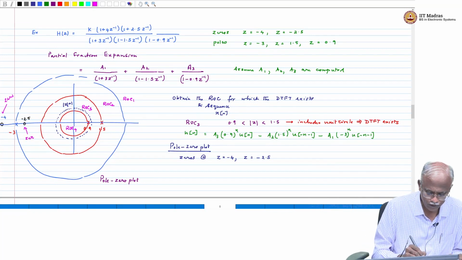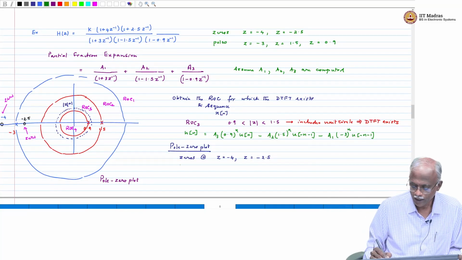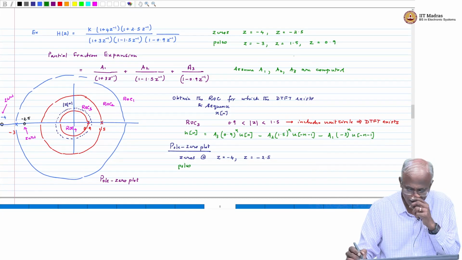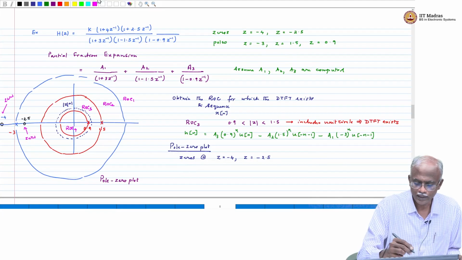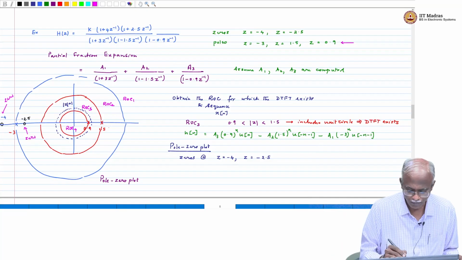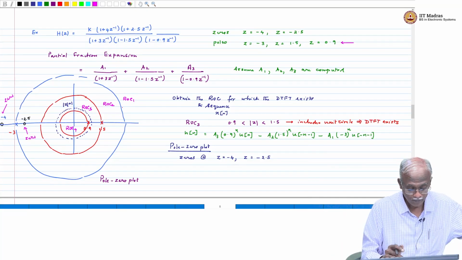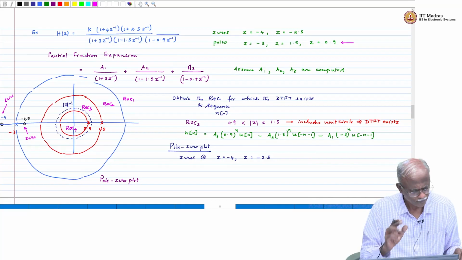So there are two zeros, minus 4 and minus 2.5, and the poles have already been marked in the figure, so I won't write them again. These are the poles at minus 3, 1.5 and 0.9.